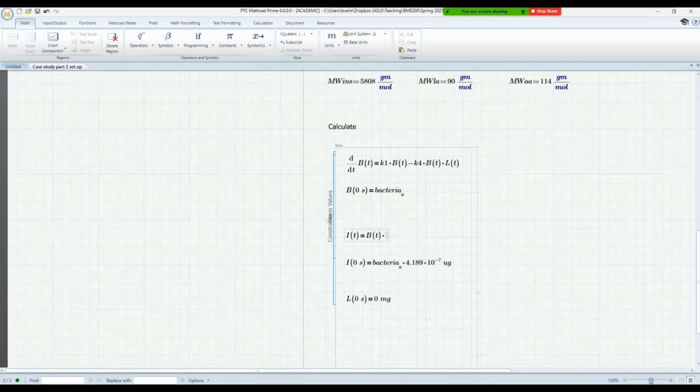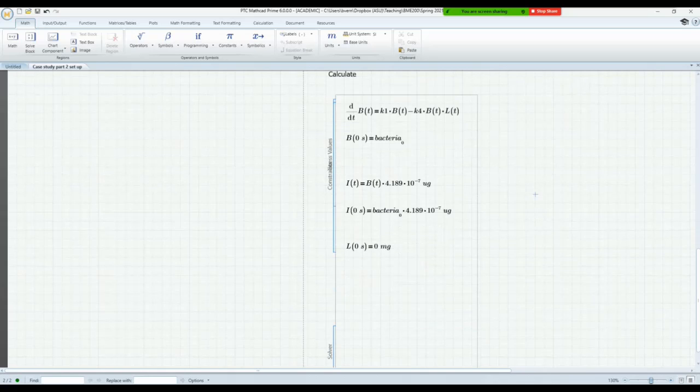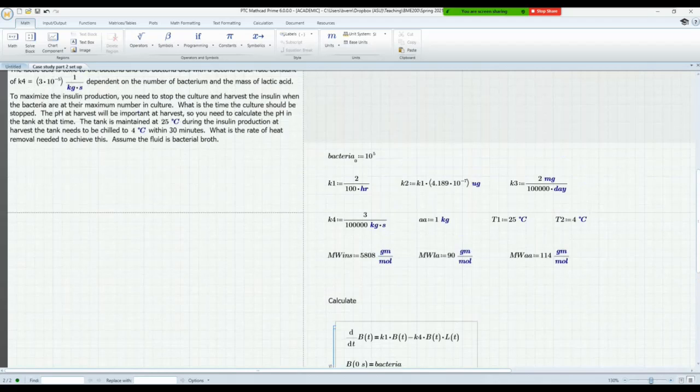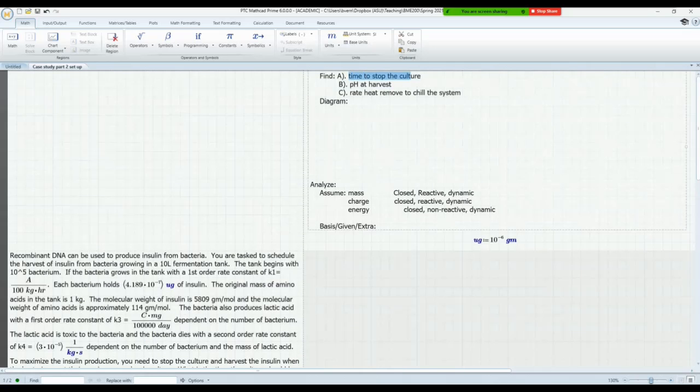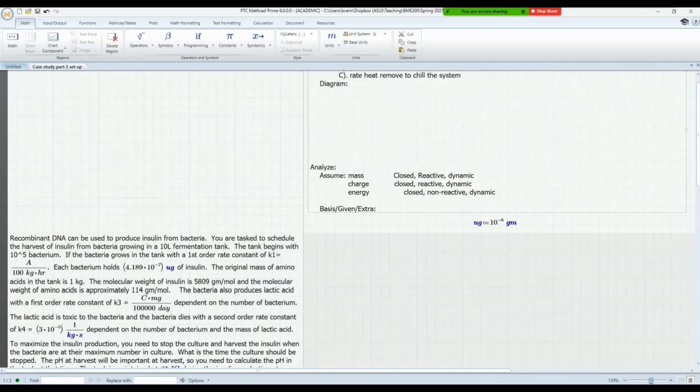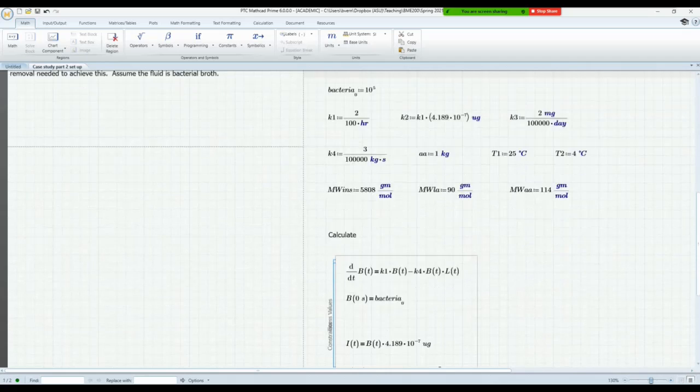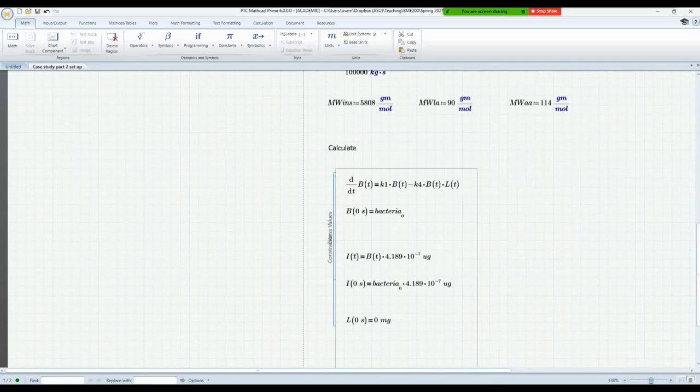However much bacteria is there is going to be how much insulin. Now, if the bacteria starts dying faster than it's growing, then apparently you'll lose insulin, and that's the purpose for here where it says, when do we want to stop it? We want to stop it if you start to actually have conditions in your reactor that start to kill the bacteria, because then you're losing product, you're losing your insulin.